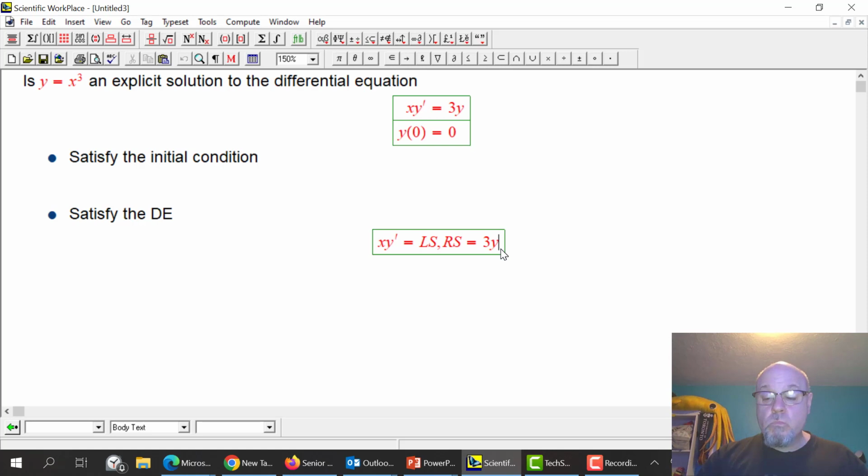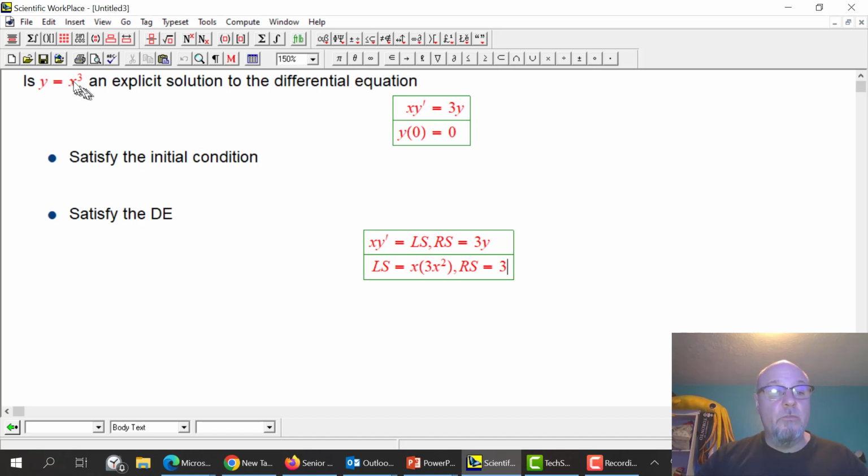So now let's look at the left side here. The left side equals xy prime. If y is equal to x cubed, then y prime is equal to 3x squared. So that would be the left side. The right side is supposed to equal 3 times y.